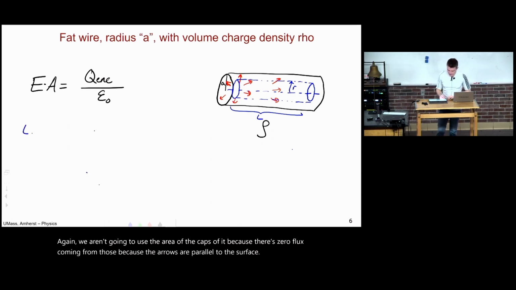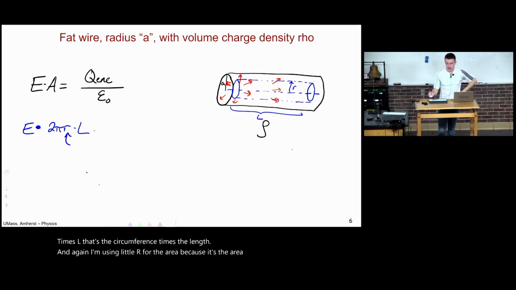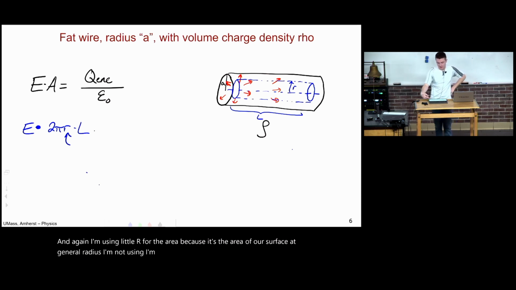So we're just going to use 2 pi little r times L. That's the circumference times the length. And again, I'm using little r for the area because it's the area of our surface at general radius. I'm not plugging in A. This works for the cylinder at all distances r.